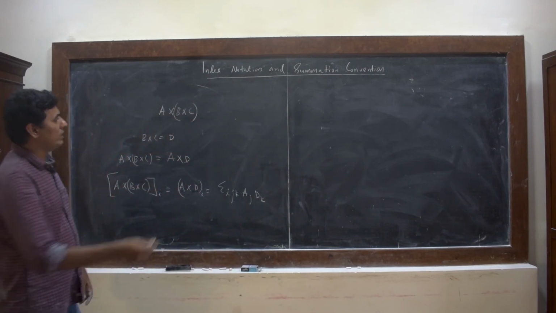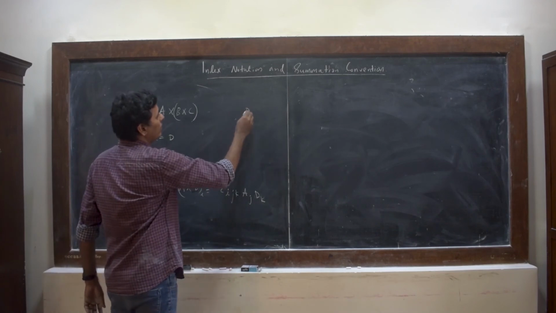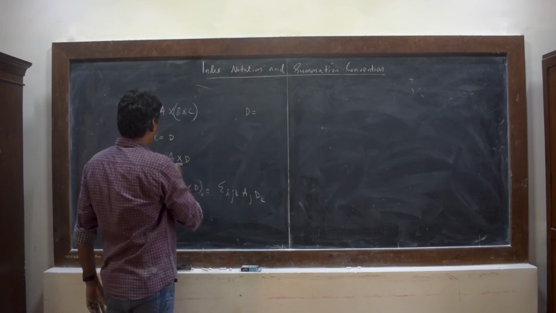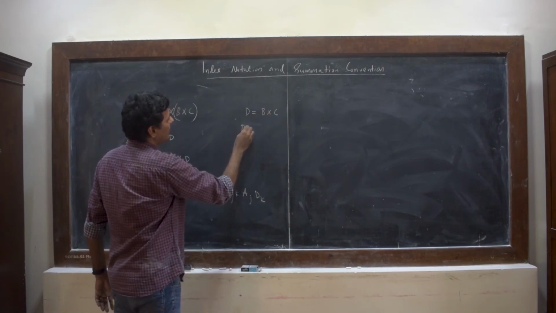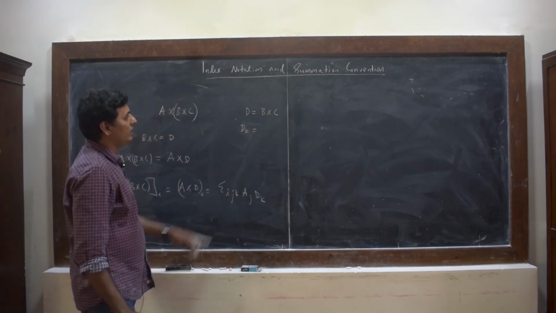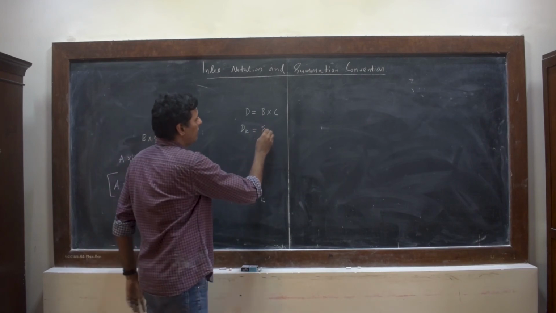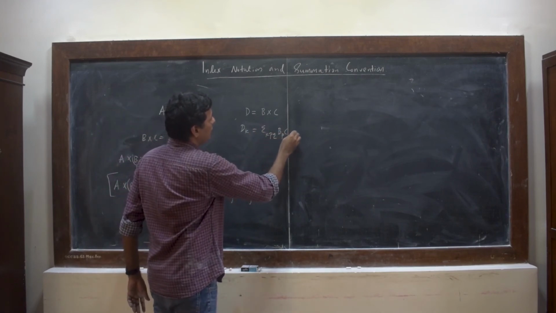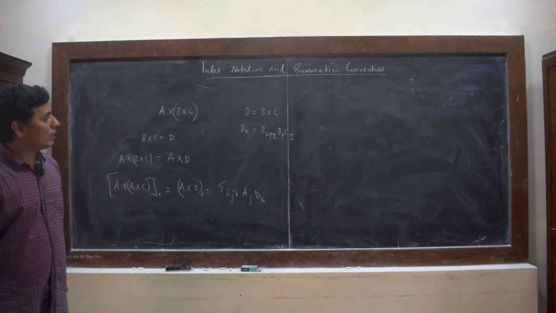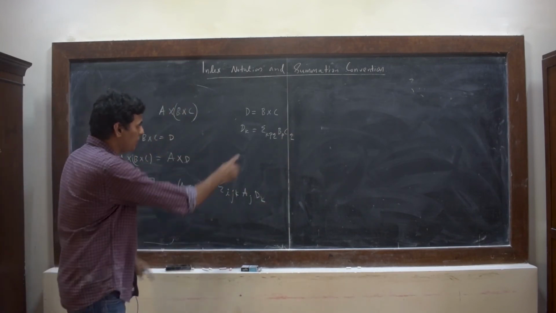But I know D is B cross C, right? So what is the kth component of B cross C? That will be epsilon kpq Bp Cq. Now I'll just substitute it here.